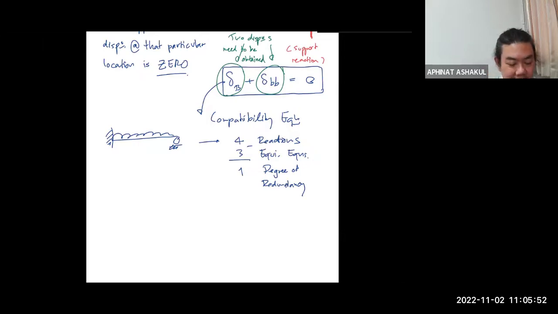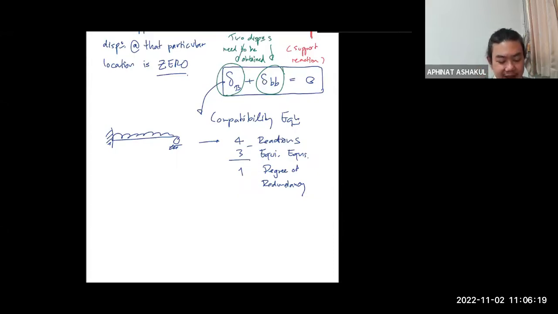Because if I remove this, we still have a perfectly sound structure, right? But if I have that, my structure becomes much stronger. And the redundant gives you an alternative load path.